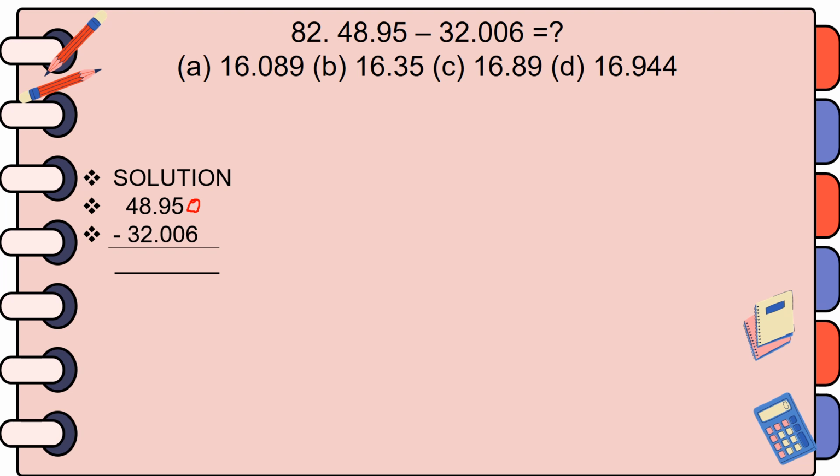It can be written this way as it doesn't change the value of the number. You can add 0 to the right of the decimal point on the empty space. After you add 0, then you can subtract. Subtracting gives 16.944. So your answer for this question is choice D.